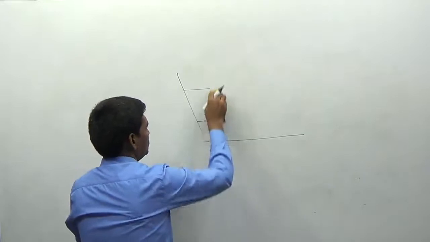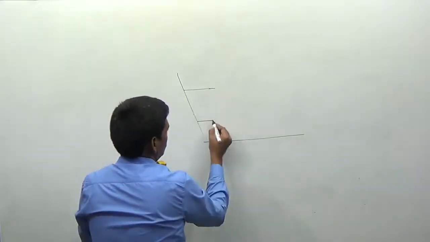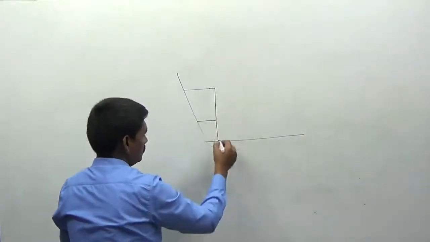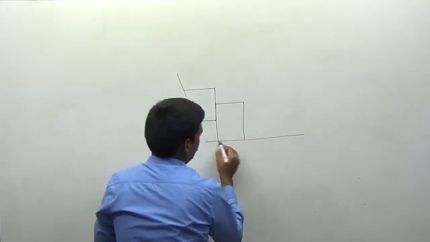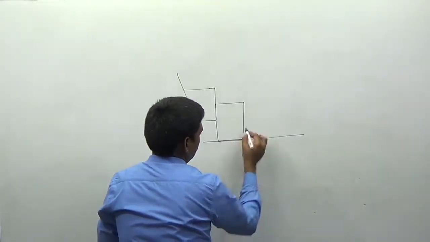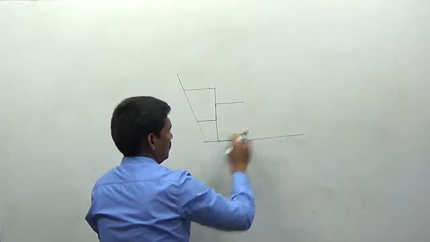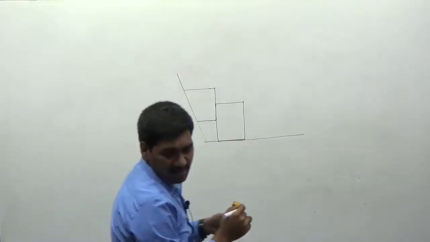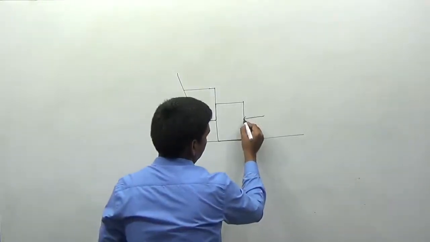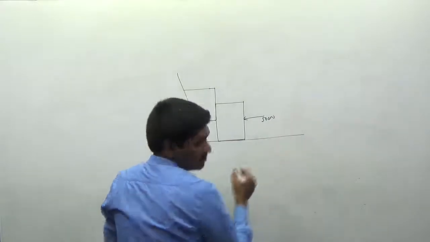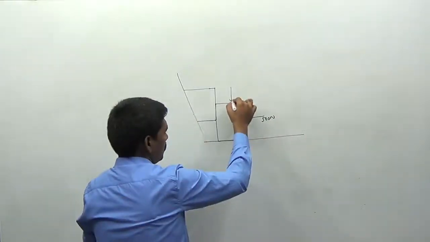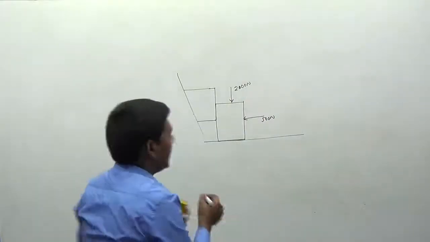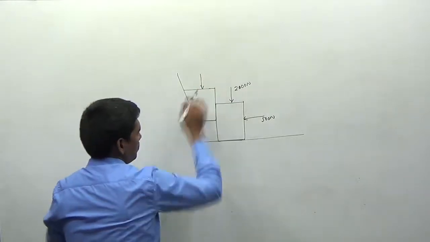Try to increase the thickness here. Here we are applying a force of 500 newtons, and here we are applying a force of 2000 newtons. And we are applying a force P in this way.